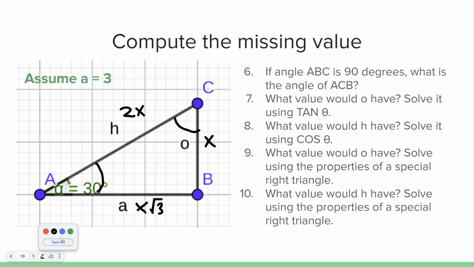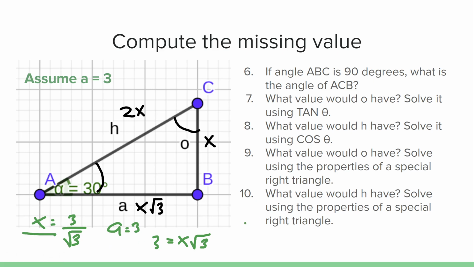Okay, remember that. Now the thing is, A is equal to 3. Hence, 3 is equal to x square root of 3. So x would be equal to 3 over square root of 3. Or we can do 3 square root of 3 over 3.